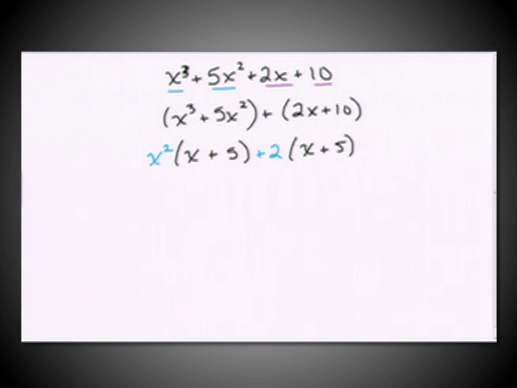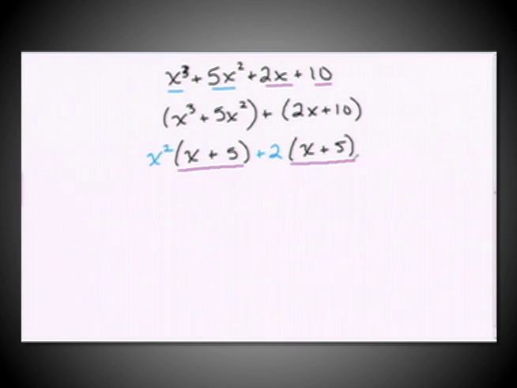Now this may look really familiar to you from factoring a greatest common binomial factor out, because you have created a situation where we now have a common binomial factor.